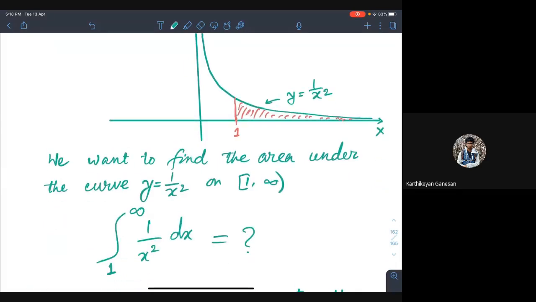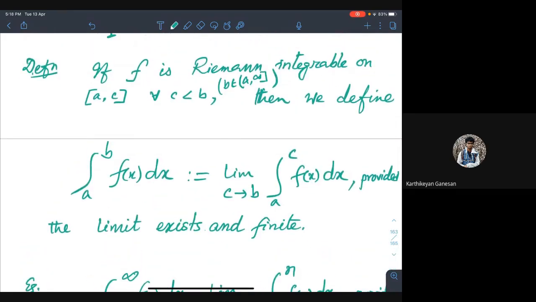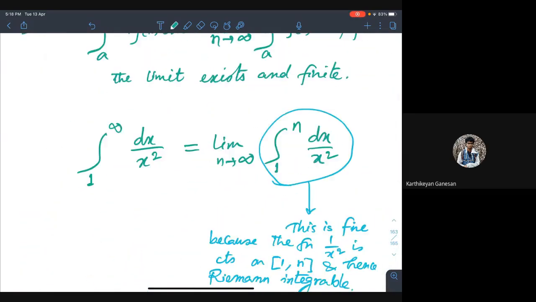All right. So let's continue the definition here a little more.